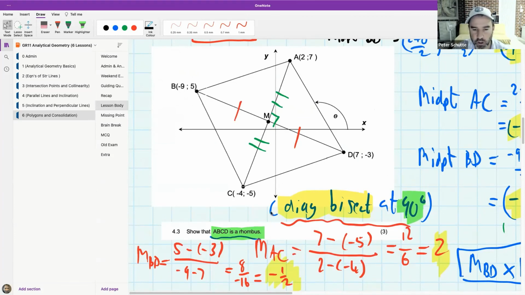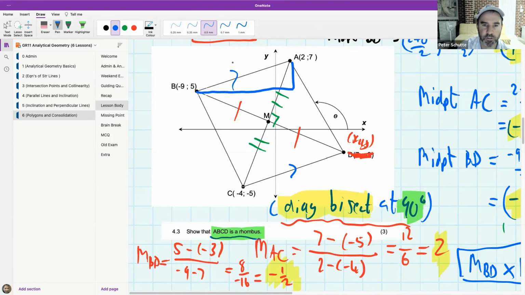Okay, so what you're talking about is the missing point question. What you do in that scenario, you're saying, look, there's no D, there's just an X and a Y there. Because a parallelogram has the property that the gradients are the same and the sides are the same, you need to ask yourself, how far across do I go to get to A, and how far up do I go?